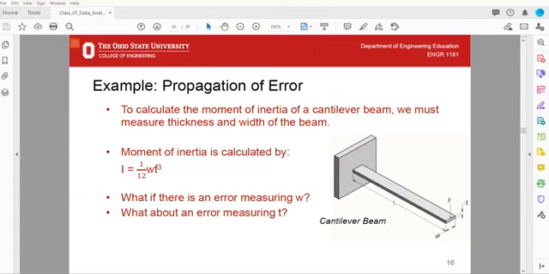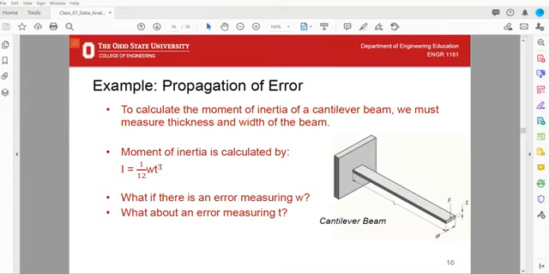But for the thickness, because it's cubed, you can see this will be magnified. Whatever small error will be tripled. That's why it's more sensitive to thickness than width, and this is what we mean by the propagation of error.